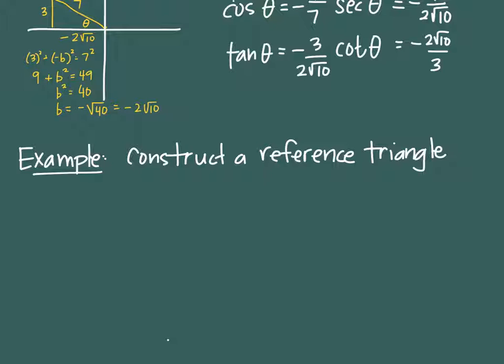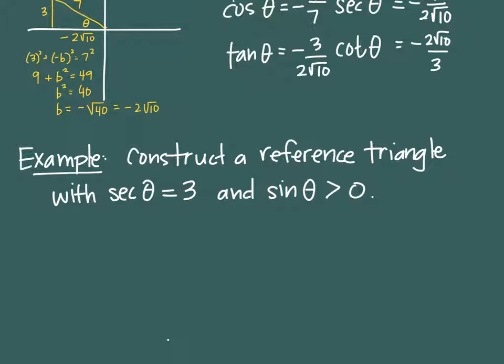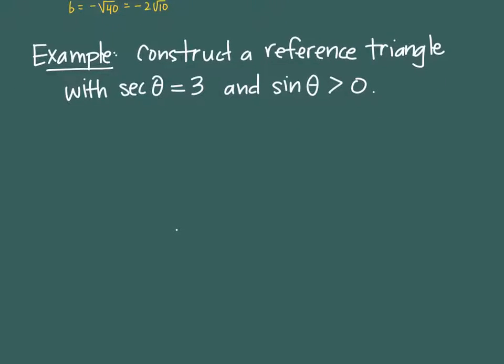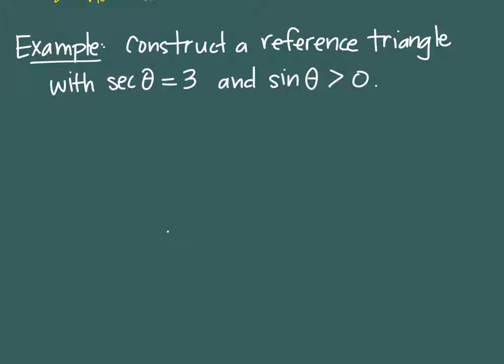So construct a reference triangle with secant theta being equal to 3 and sine of theta being positive, greater than 0. Okay, secant of theta is equal to 3, and sine of theta is a positive number, greater than 0.